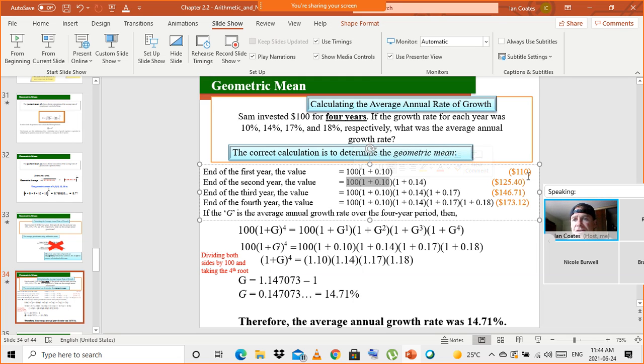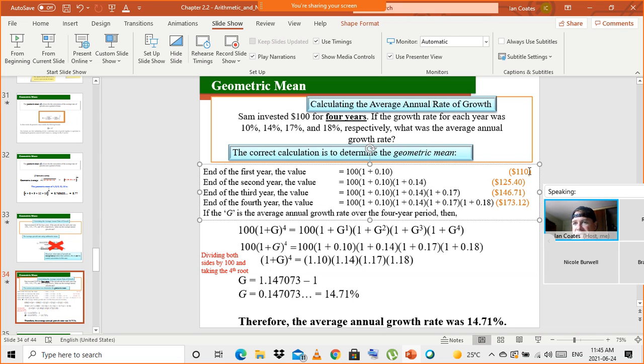So the first year Sam made $10, and the second year she made $15.40. Third year, it's 17% interest on $125.40. Now it's getting up there. For year 3, she made about $21.